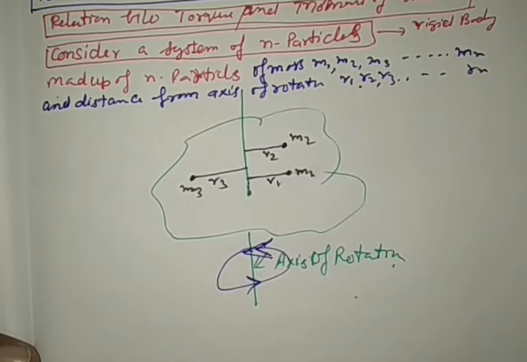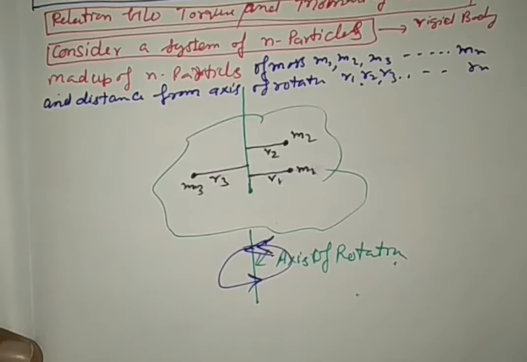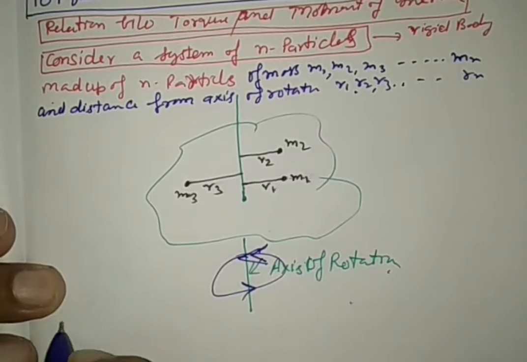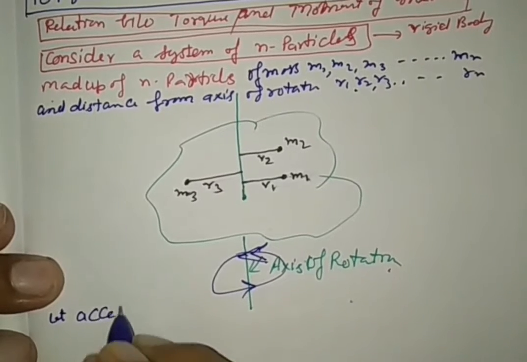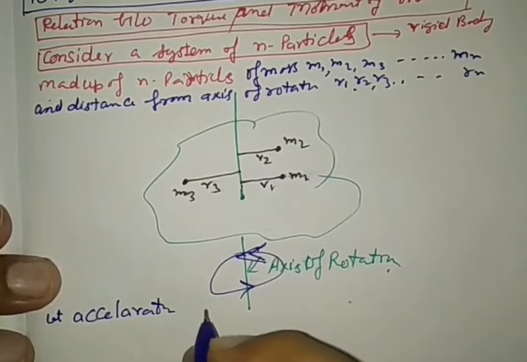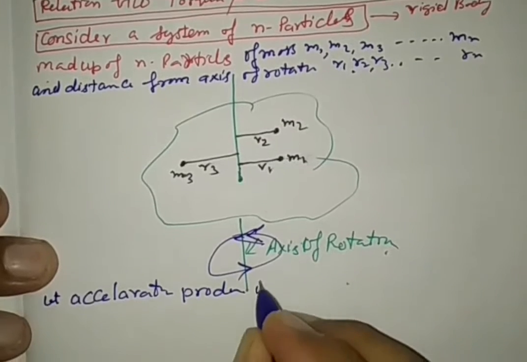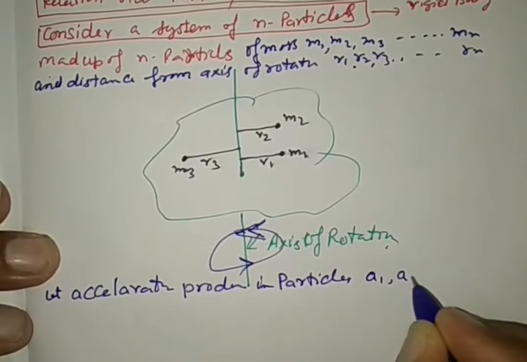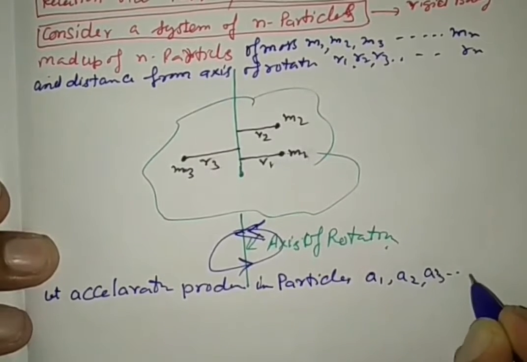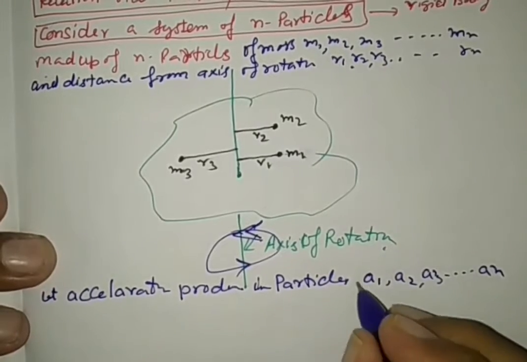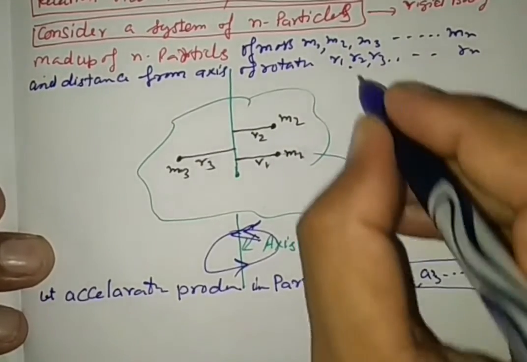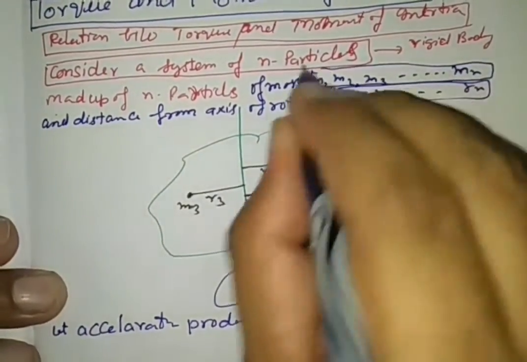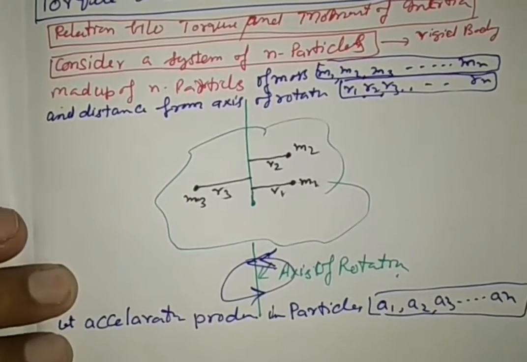Now in this case, we want to obtain the acceleration produced in various particles. Let the accelerations produced in the particles be a1, a2, a3 and so on up to an. Since there are n particles, there are n accelerations, radii and masses.